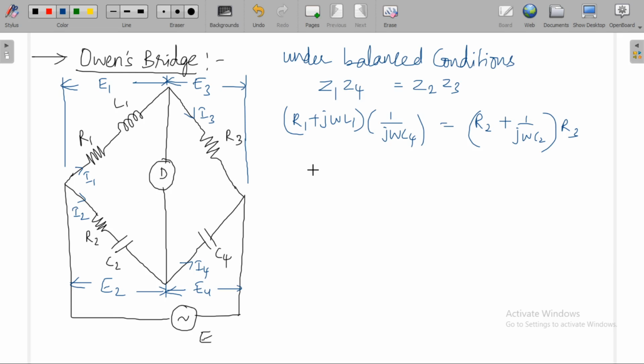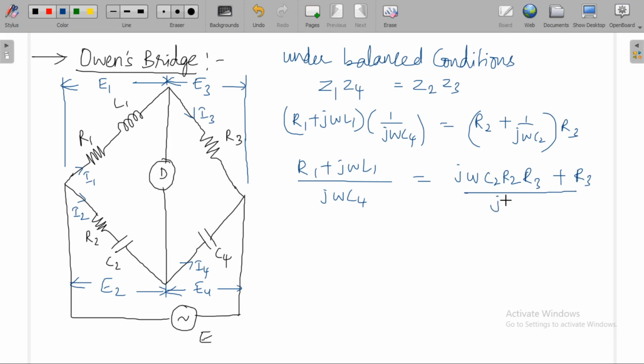Now, R1 plus j omega L1 by j omega C4 is equal to R2 R3 j omega C2 R2 R3 plus R3 by j omega C2.